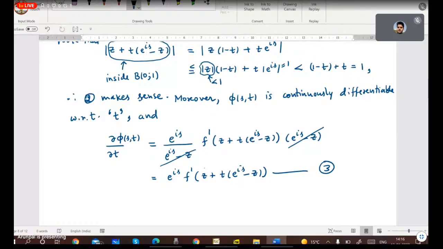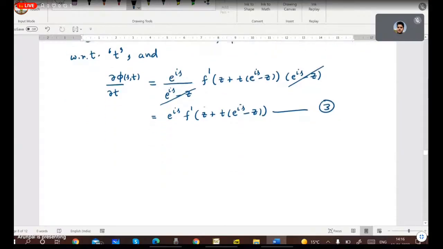And class, if you allow me, let me call this some function psi, a function of parameter s. So let me consider this expression as a function of s.